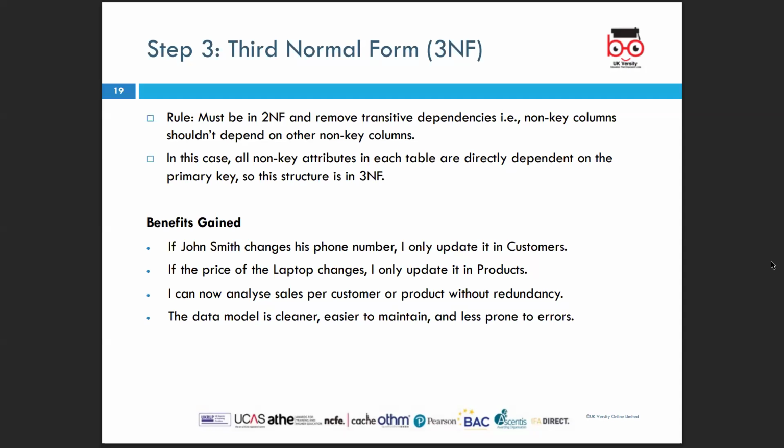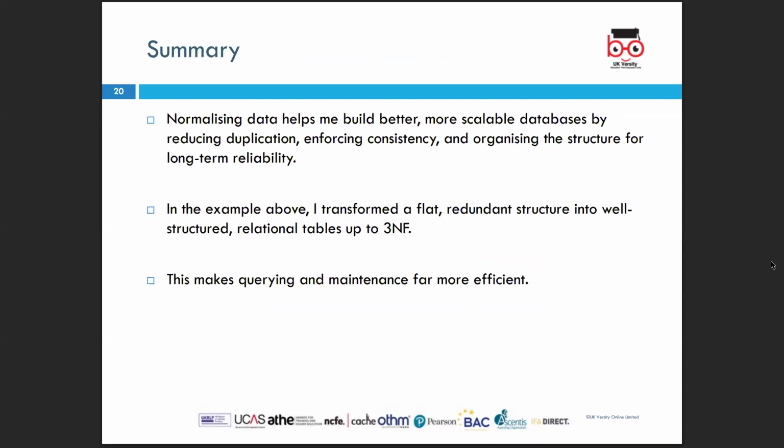What is the benefit gained? If John Smith changes his phone number, we only update it in customer. If the price of the laptop changes, we only update it in product. We can analyze sales per customer or product without redundancies, and the data model is clear, easy to maintain, and less prone to errors.